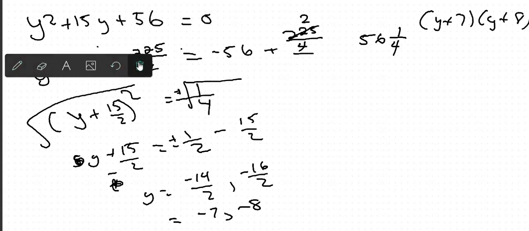Okay. Next one. 3c squared minus 7c equals 6. So, would you plus the 7c?